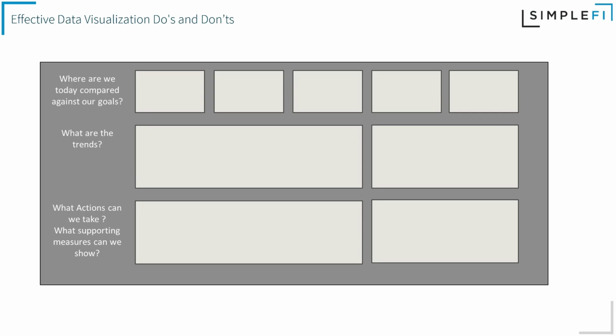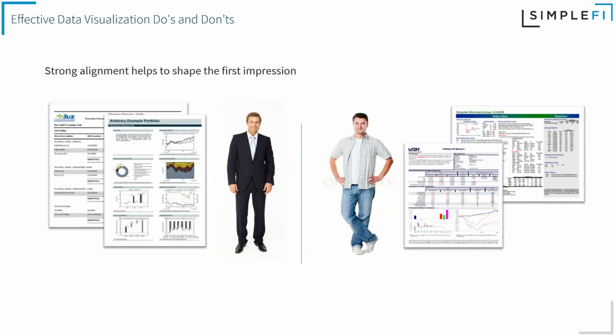Another part you want to think about is alignment as part of your dashboard. If you look at the left-hand side, or the right-hand side, I took the figures in terms of a guy in a suit or a guy dressed up more casual, that's what I mean by that. If you're building a dashboard and things are not aligned, and in this case, alignment doesn't mean center, it means left or right, it simply throws our eyes off.